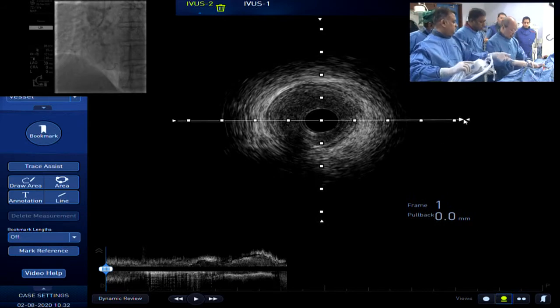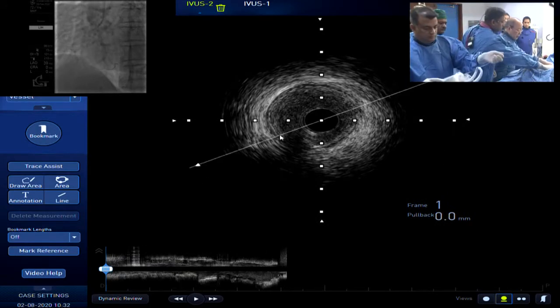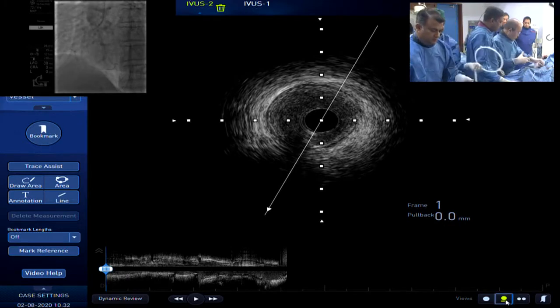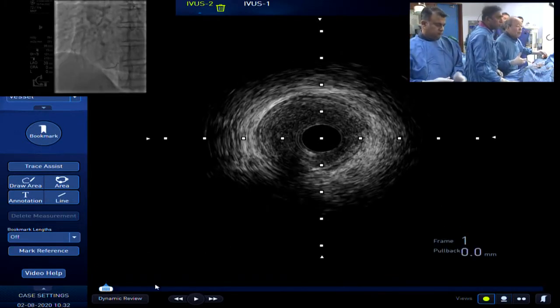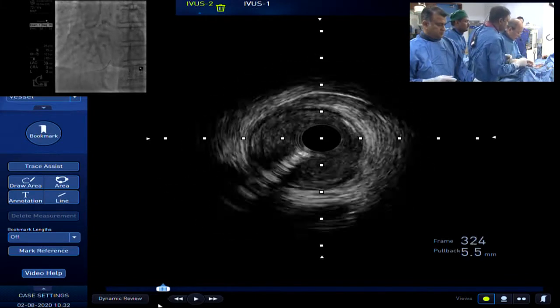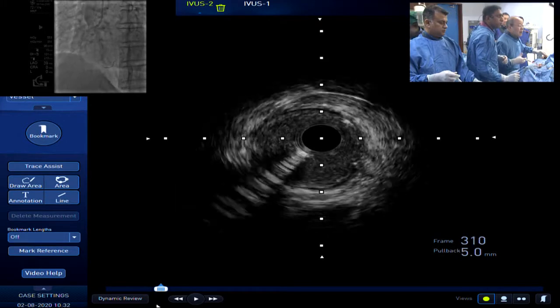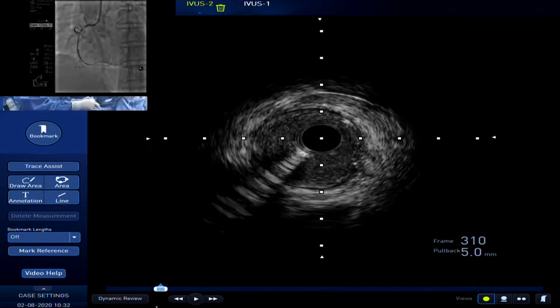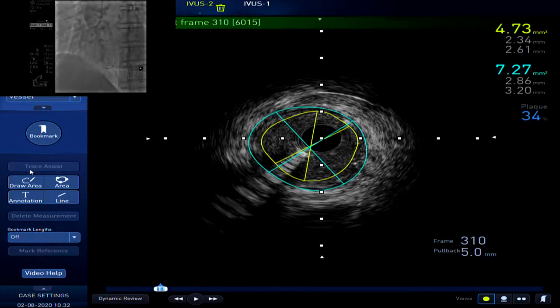So I want to place a 38 millimeter long stent. Is that okay? What do you think? Okay, I will take an angiography. 3.0 or 3.5, which size?